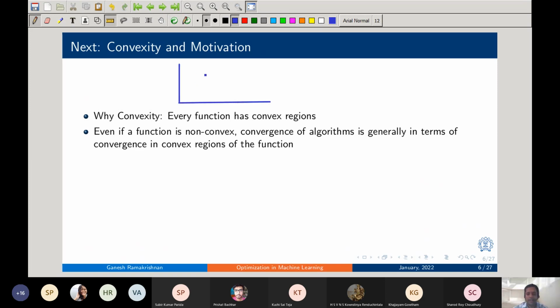I've already given a hint several times, but these are all the convex regions we are talking about for this function. In fact, these entire regions. This is one convex region, this is another convex region. And many deep learning models exhibit such losses.